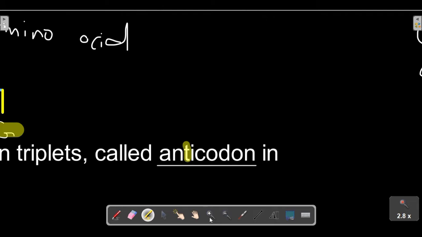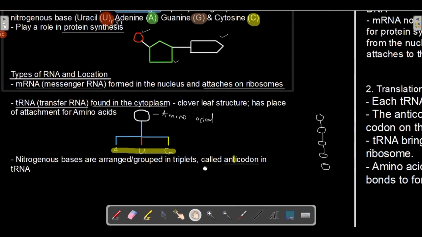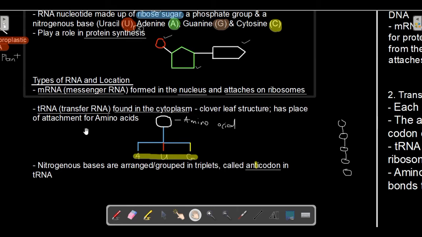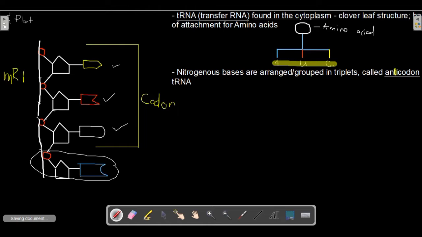So if you are wondering which is associated with which, for the mRNA, these three pairs of nitrogenous bases, we call them codons. Okay, so this is a codon. It's a group of three nitrogenous bases in an mRNA, right? So we give it a term, we say that it is a codon.